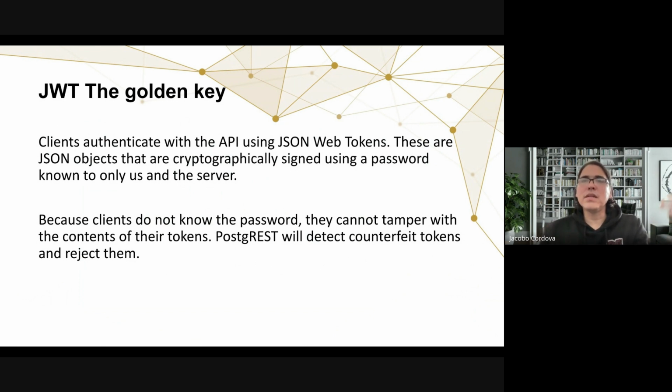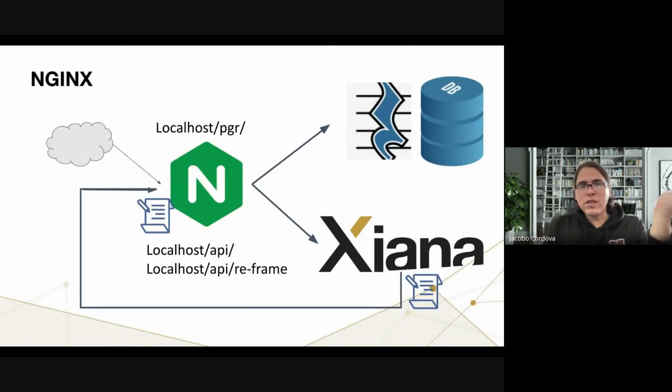So we pass it like a bearer authentication, and it will work in our diagram. This secret key is stored in the Xiana config and in the PostgREST config. So they communicate with this JWT token to sign the information it passes. So yeah, I think the demo is right now.